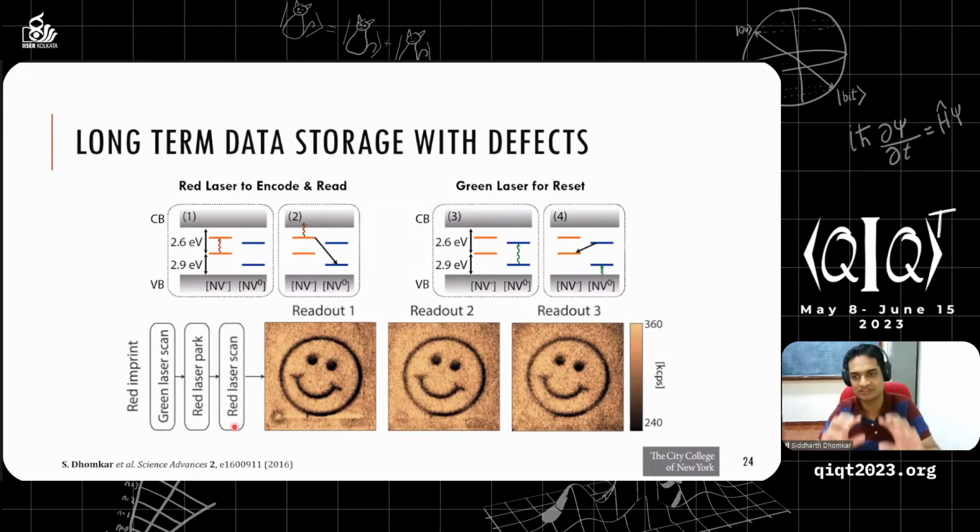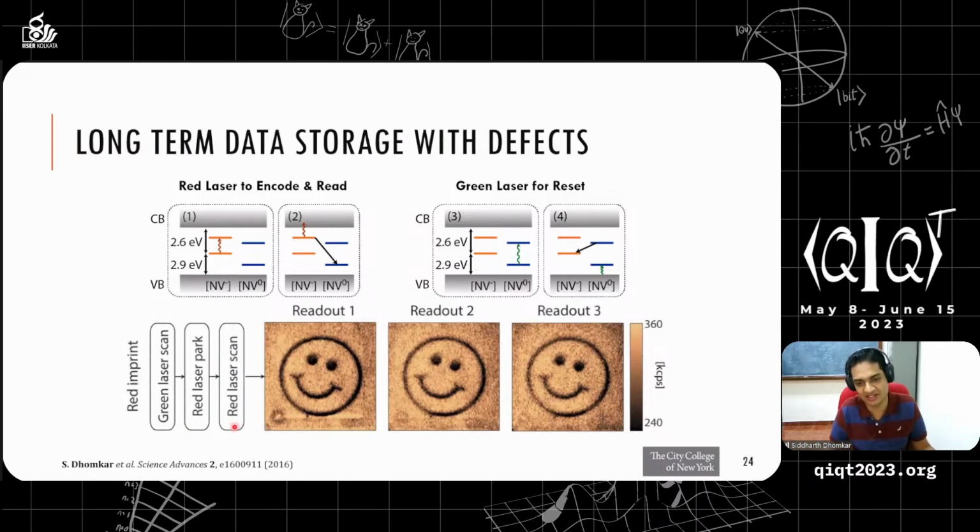The states are deep inside the band gap. So unless you provide enough energy, you are not going to cause any transitions. If you shine a photon or if you heat it, then obviously they are going to move. But you need a high power laser, so you are not going to be able to have these transitions easily.